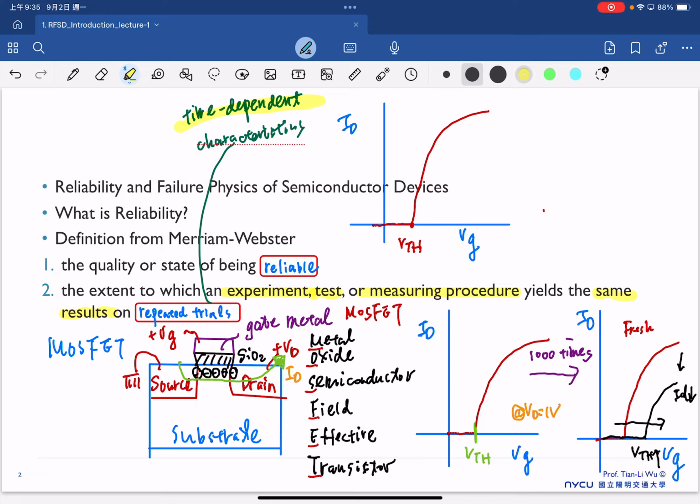That's the key for reliability, because reliability is not about how good the device is right now. We hope it can be good for 1 year, 2 years, even 5 years, even 10 years. Therefore, we have to keep in mind that the time-dependent characteristic is one of the most important factors in reliability.